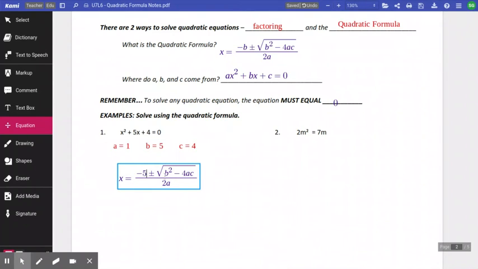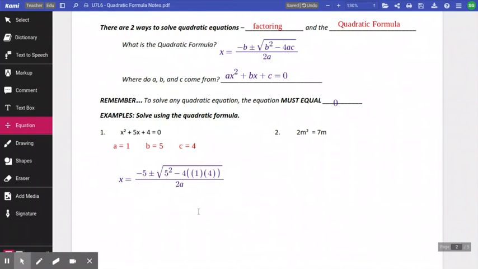B squared, again, well, B is 5, so I'll put my 5 there. We've got 4AC. A is the number 1, and C is the number 4. Remember last week we were practicing just figuring out the square root part here. So earlier we had mentioned 4AC means 4 times A times C. So I'm going to change this, instead of 4 times A times C, we're going to say 4 times 1 times 4, and then get rid of that there.